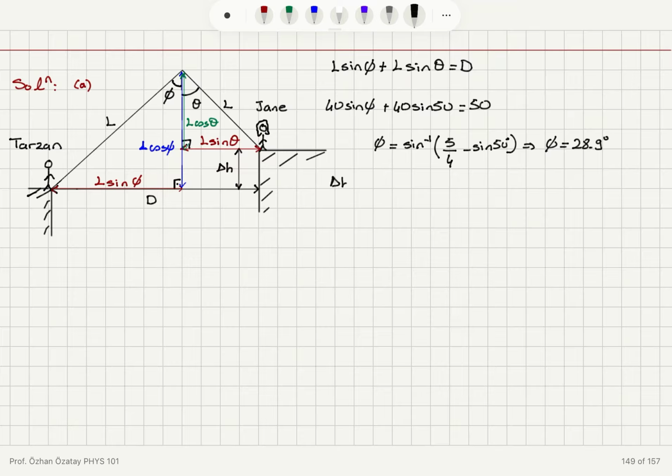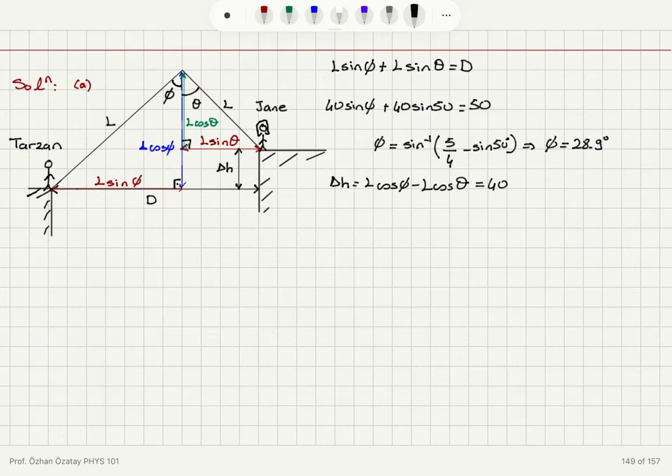Now the perpendicular distance between Jane and Tarzan, that is what I call delta h here, can be calculated from this geometry as well. As you can see, this is basically L cosine phi minus L cosine theta. So this distance is L cosine phi minus L cosine theta.